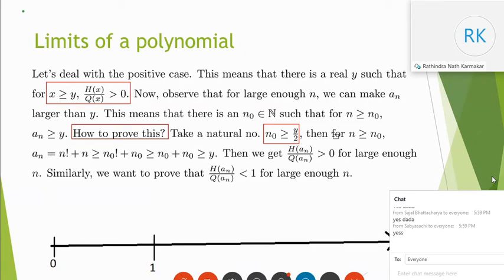Then for that n naught, whenever a natural number n is greater than or equal to n naught, what can you say about an? an is equal to n factorial plus n, which is greater than or equal to n naught factorial plus n naught. n naught factorial is again greater than or equal to n naught. That's why the sum is greater than or equal to 2 n naught, and 2 n naught is greater than or equal to y. That means for n greater than or equal to n naught, an is greater than or equal to y.